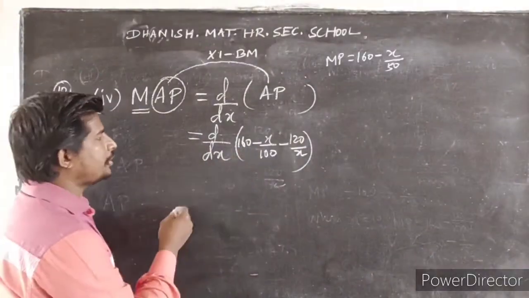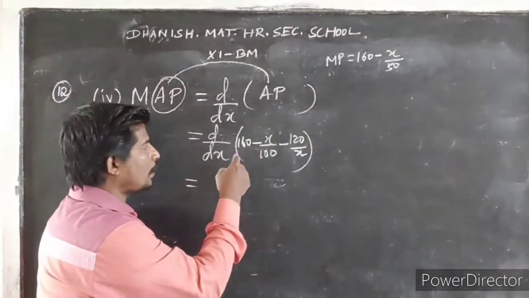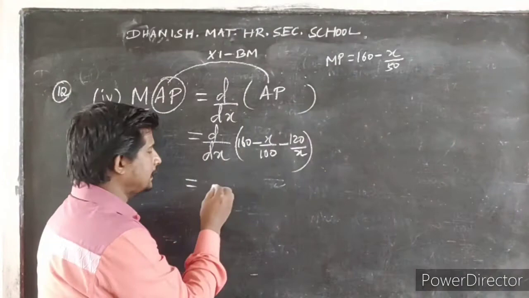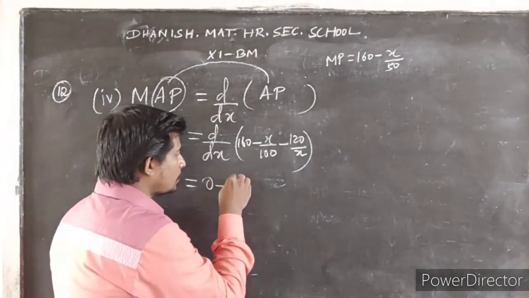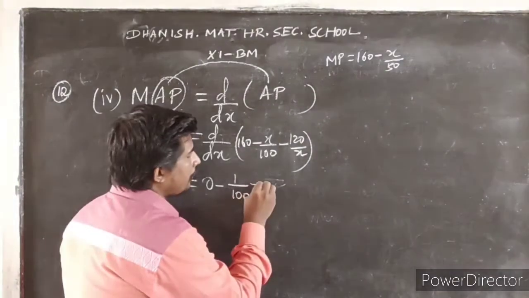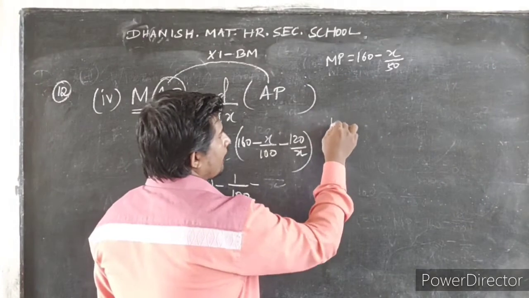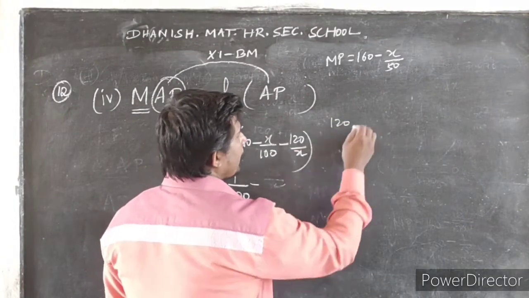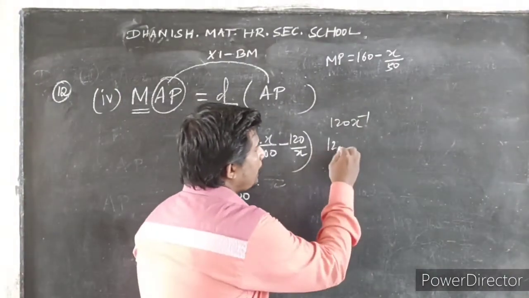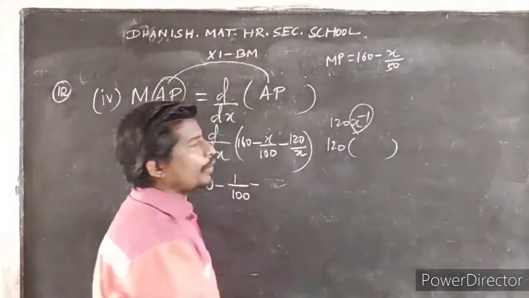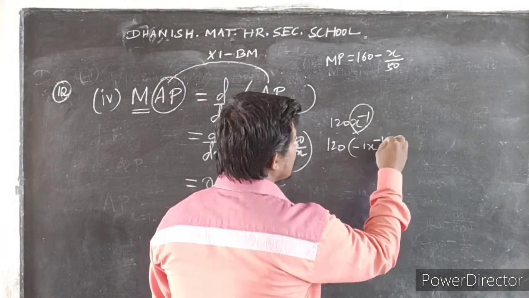Okay, now I'm going to differentiate this. So differentiation of the constant is 0. So the derivative of 160 is 0, minus the derivative of x, which is 1 by 100, minus, here we can write 120 by x as 120 x power minus 1. So 120 into the derivative of x power minus 1, which is minus 1 x power minus 1 minus 1, so x power minus 2.